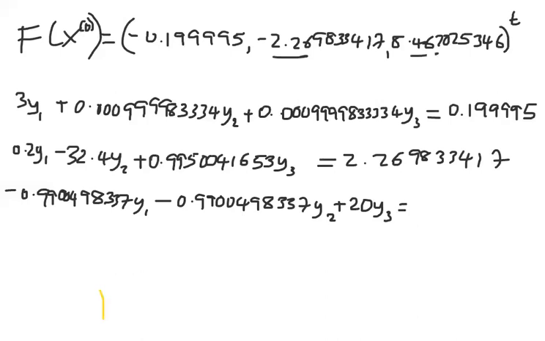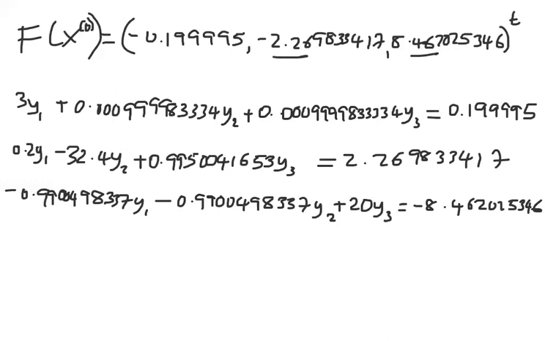So it will be negative 8.462025346, right? So we now have a linear system of three equations in 3 unknowns.